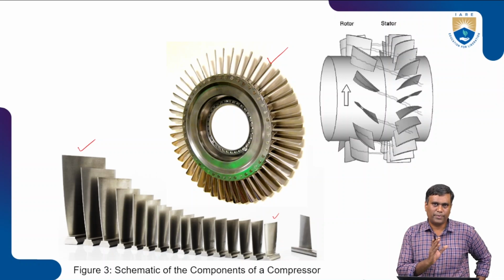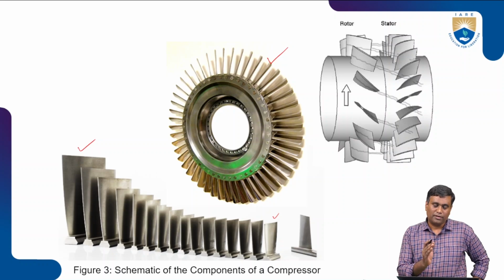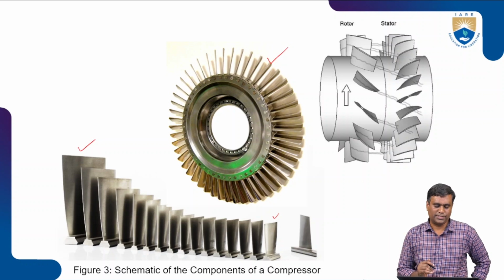This is how the pressure distribution is immediately after the intake: the initial stages of blades cannot sustain high pressure, so slowly the increase in pressure will take place in this way. So larger blades will be in the initial stages, and then slowly the size will decrease and pressure will increase, right?